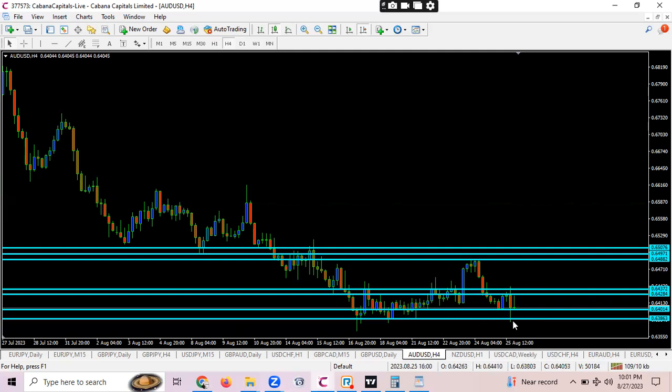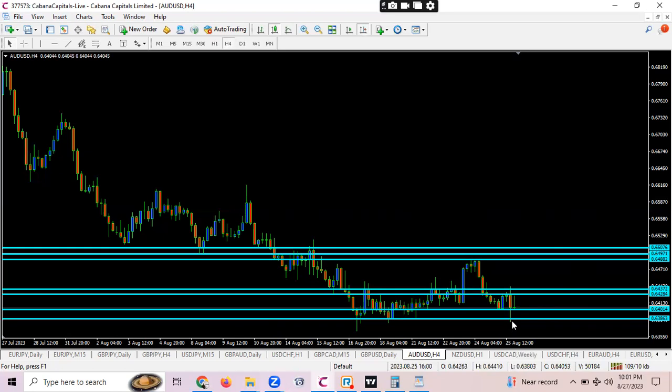And if you are selling below this level, your stop loss should be a few pips above the high of this candle. And if you are buying above this level, your stop loss should be a few pips below this level, because it is possible for them to hunt for the stop losses at this level.